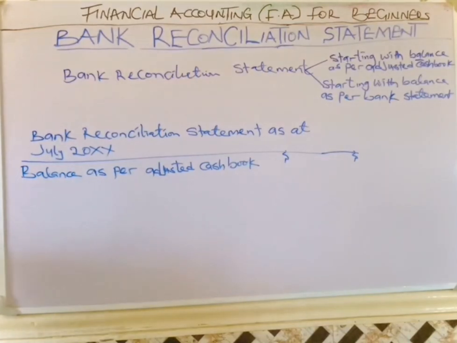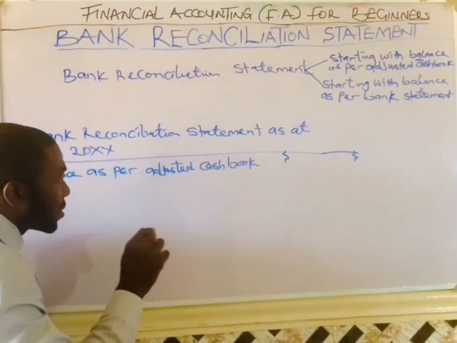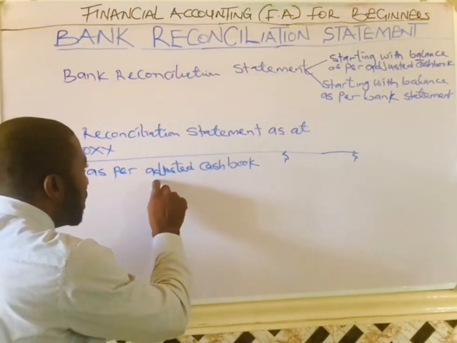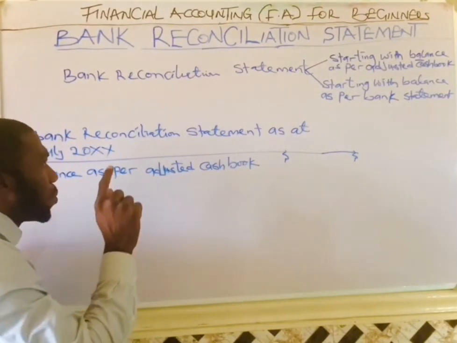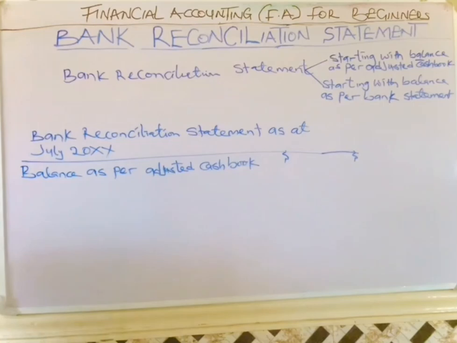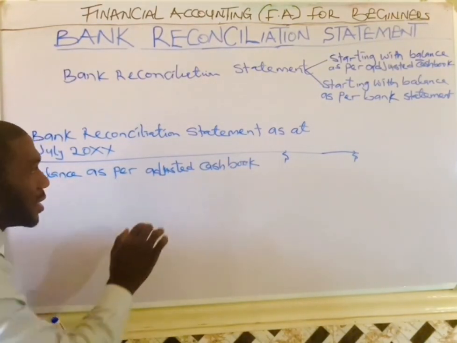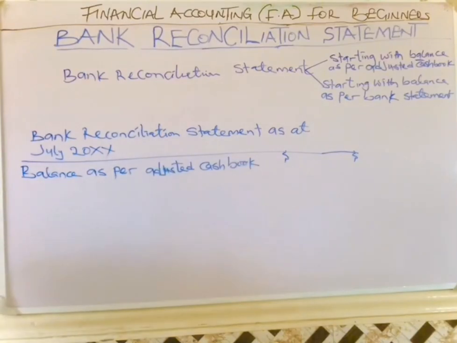But don't forget, all our adjustment or reconciliation will be on the cash book. We are not going to touch our bank statement, but we are reconciling the adjusted cash book. It is as simple as that.